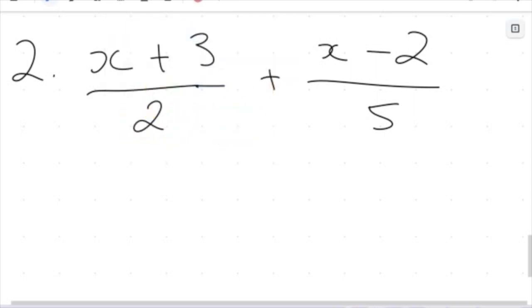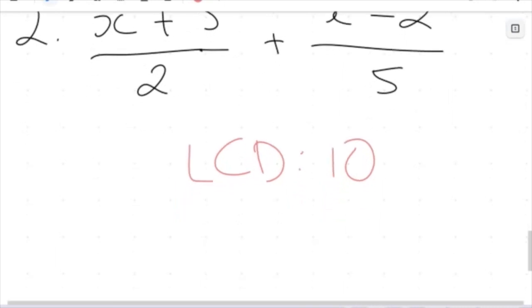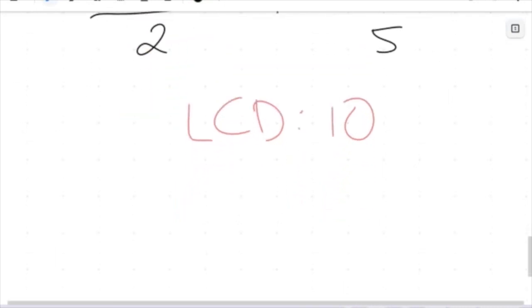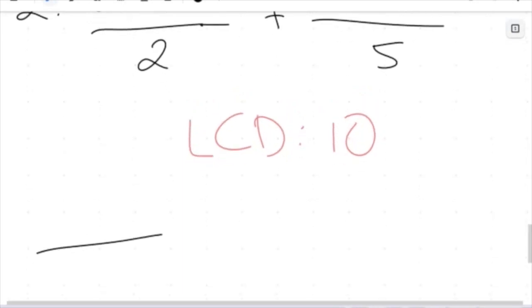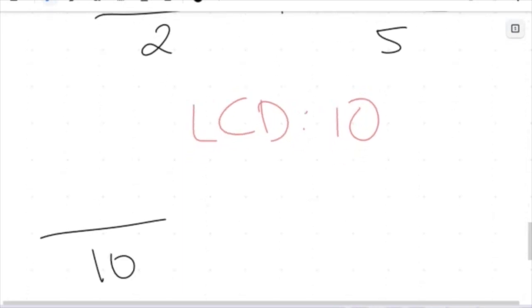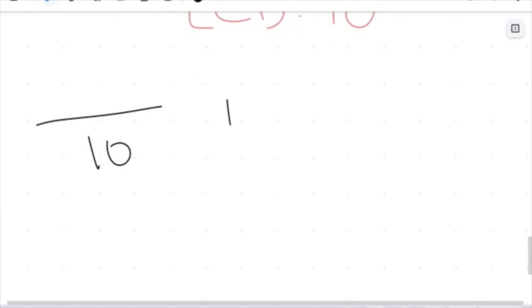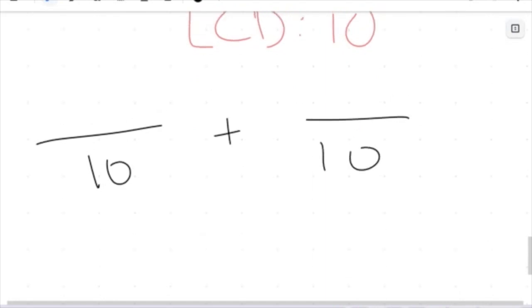I want to find first the lowest common denominator. What's the smallest number that 2 and 5 go into? That's 10. And I'm going to make, once again, equivalent fractions. So I'm adding here something over 10.